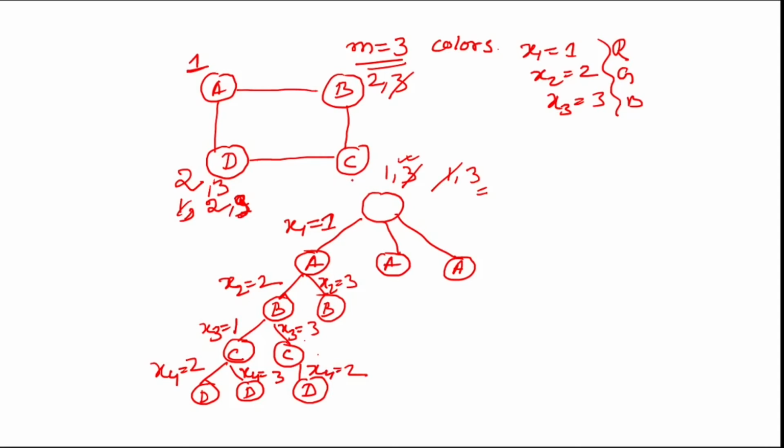Now we have to go to B, so better we write it here: A, B, C, D. So here A is 1. For B, instead of choosing 2, if I choose 3, then for C I have options 1 and 2.